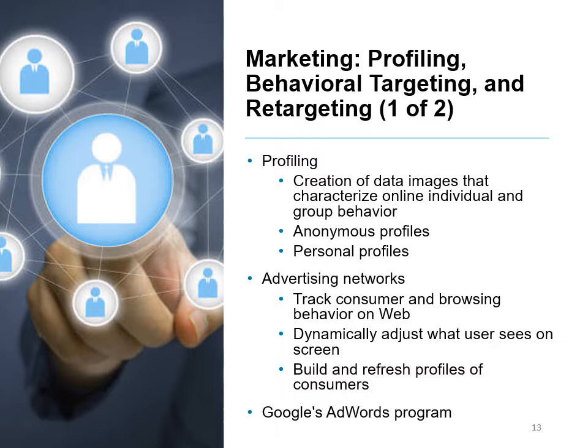Okay, so marketing profiling. Marketers want personal information to create certain profiles. They want the creation of a data image that categorizes online individual and group behavior. So they want to have segments, they want to do segmentation, grouping people with different kinds of consumer behavior.